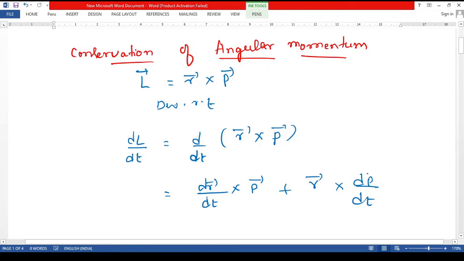From Newton's second law, the rate of change of momentum is the applied force, and the rate of change of displacement is velocity. Therefore dr by dt is the velocity vector, and we can write the momentum as mass into velocity vector, plus r into dp by dt, which is F.